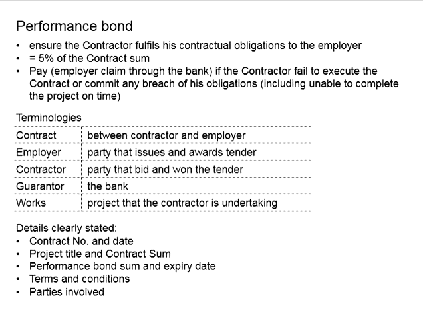How does the employer claim the performance bond? The employer will have to claim through the bank. This is just in case the contractor is reluctant to pay the employer for the losses.